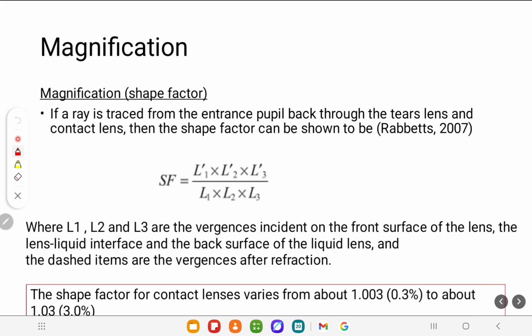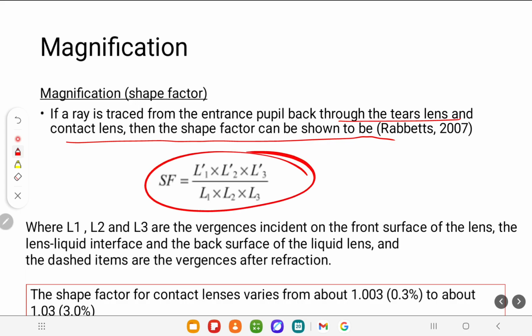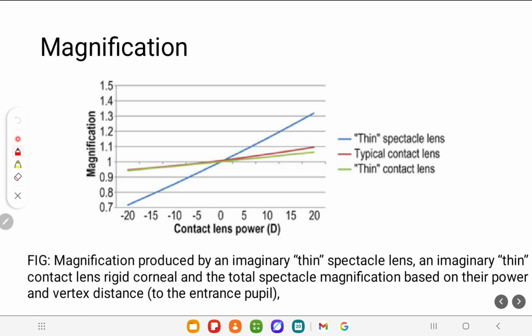If the rays try to enter the pupil through the tear lens and the contact lens, the shape factor is shown like that. The shape factor of the contact lens varies from about 0.3% to about 3%. That's the concept.